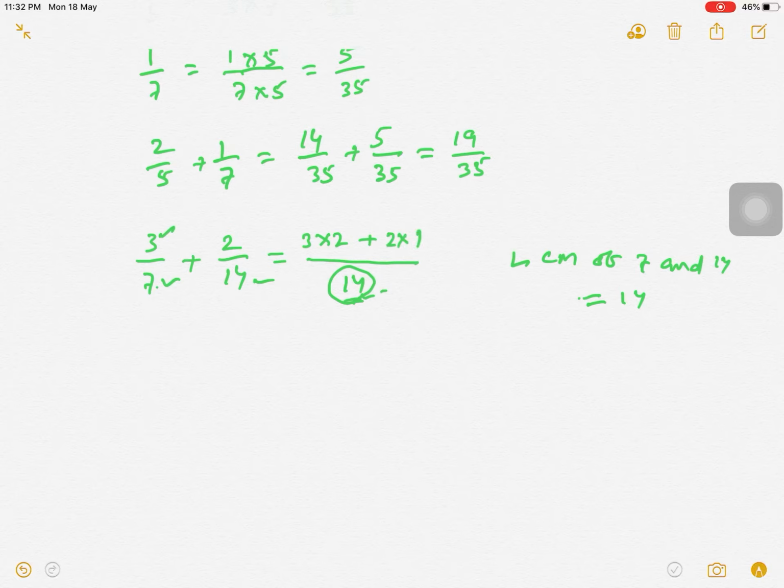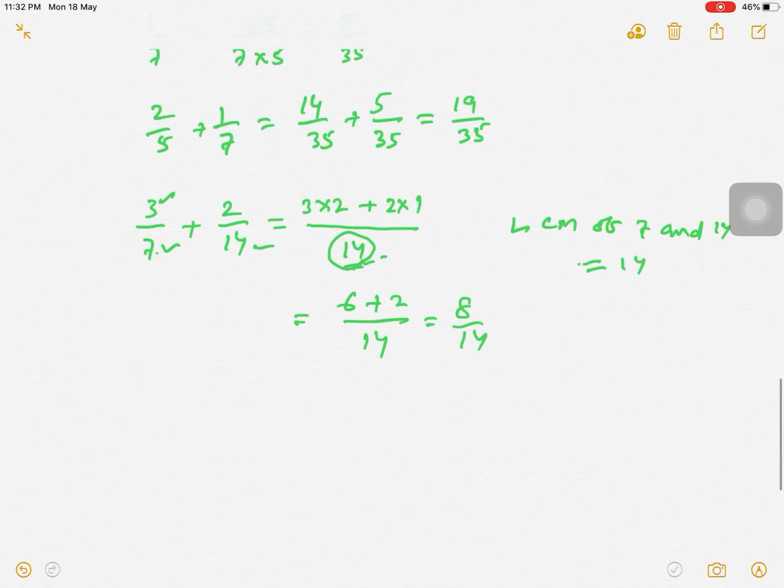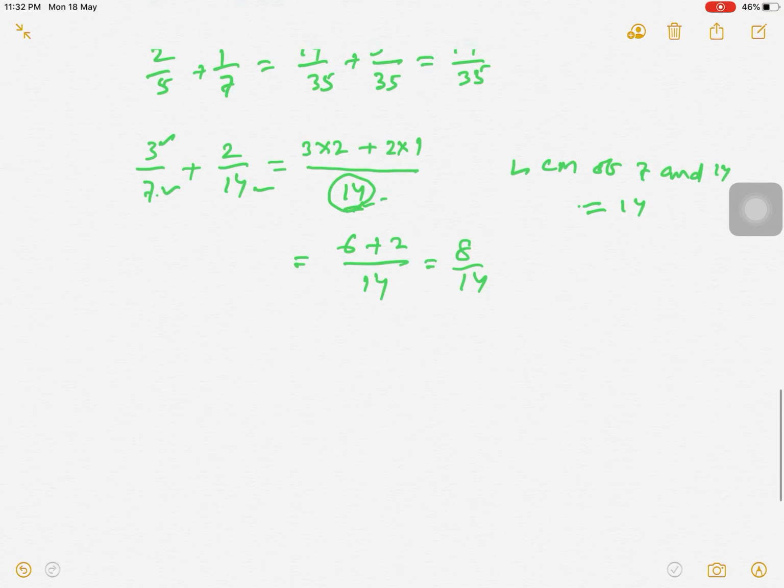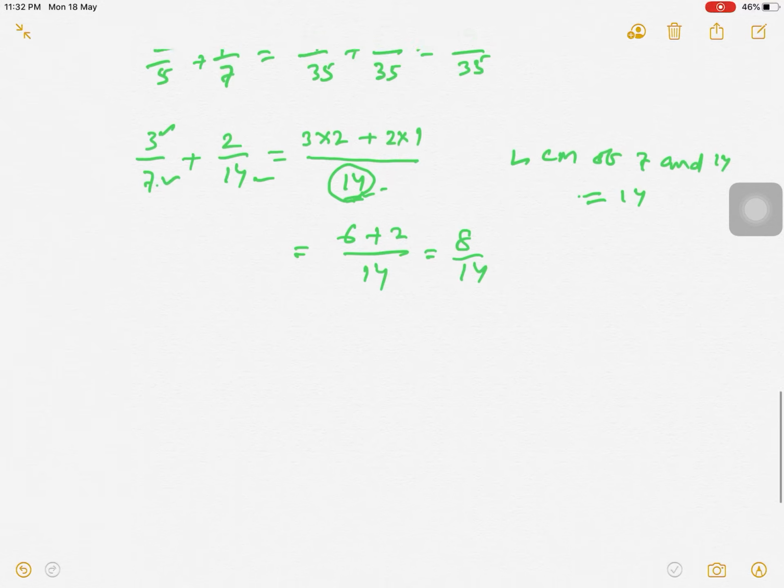This gives us 6 plus 2 by 14, that is equal to 8 by 14. So in this way we can add fractions by taking LCM.